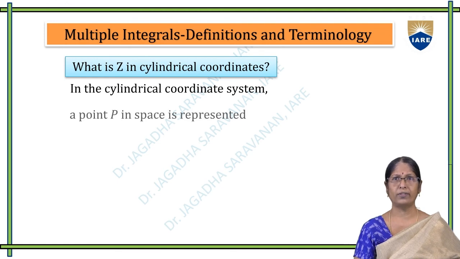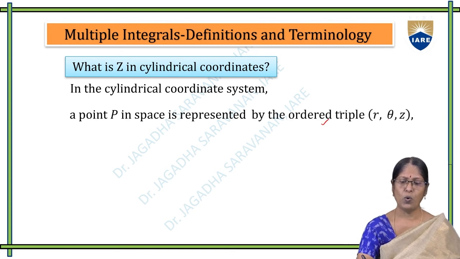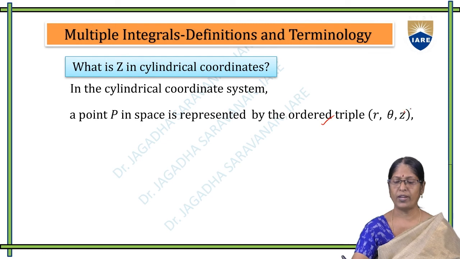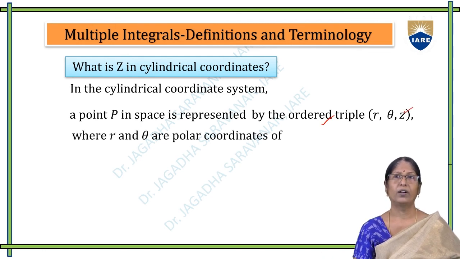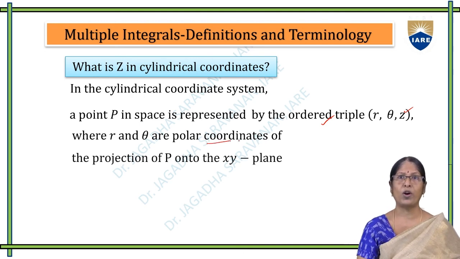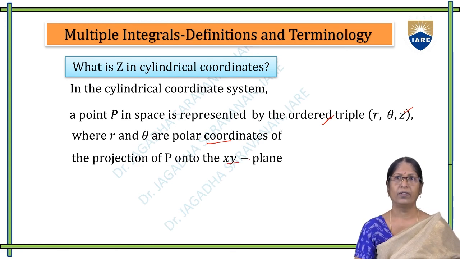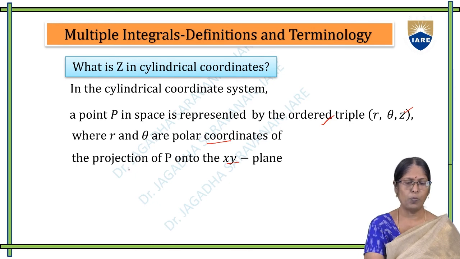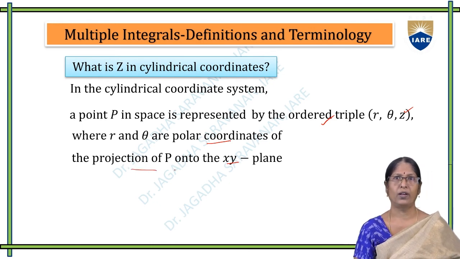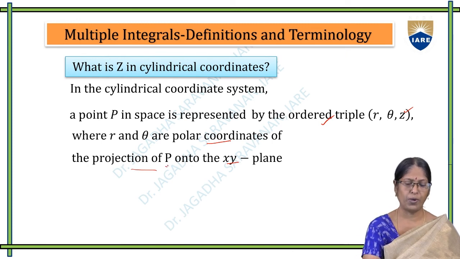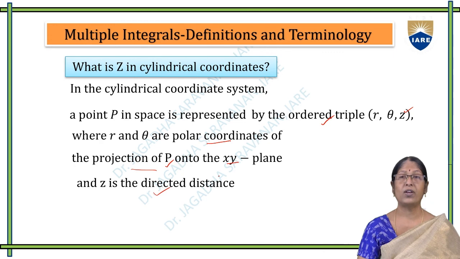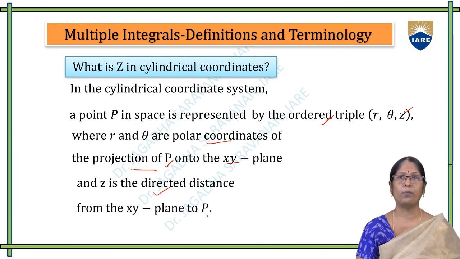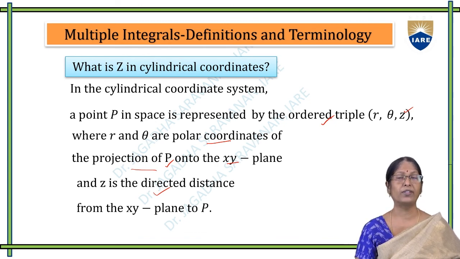In the cylindrical coordinate system, take a point P in space, which we have taken in the third dimension. r, theta and z, otherwise we can keep it as phi also. r and theta are the polar coordinates of the xy plane, with one more dimension added. The projection is towards the point P in space, and z is the directed distance from the xy plane to the point P, perpendicular to the xy plane.